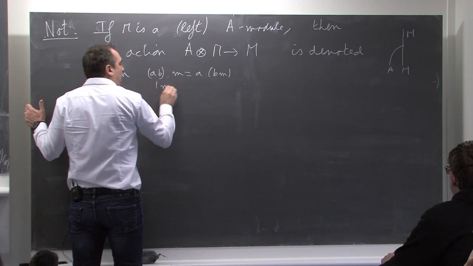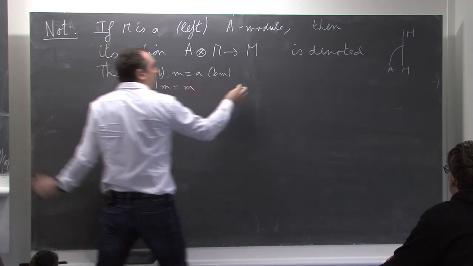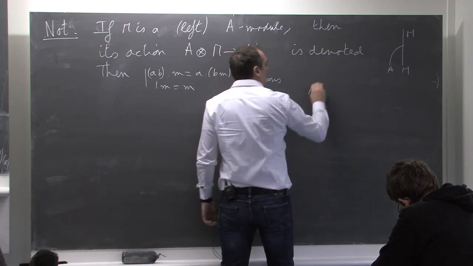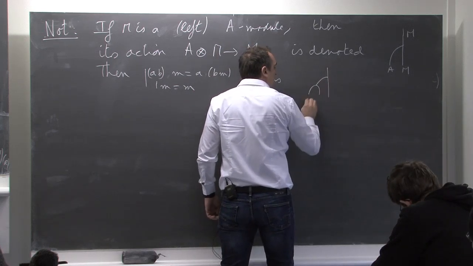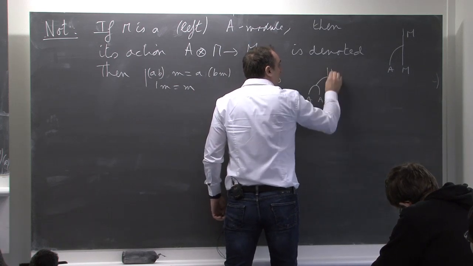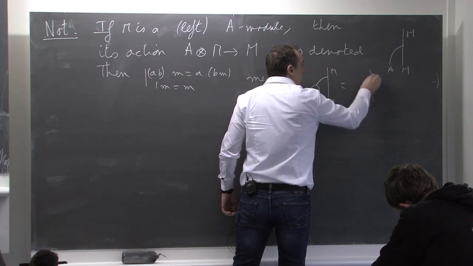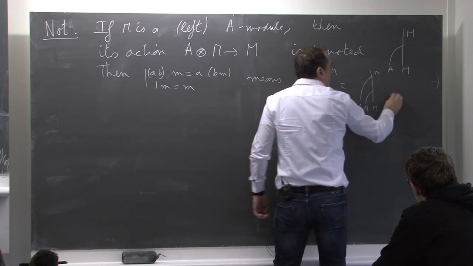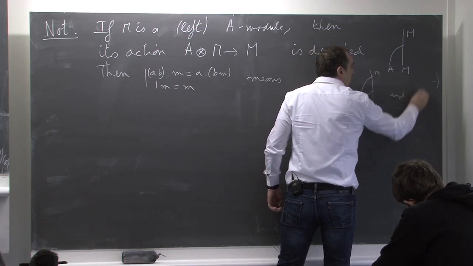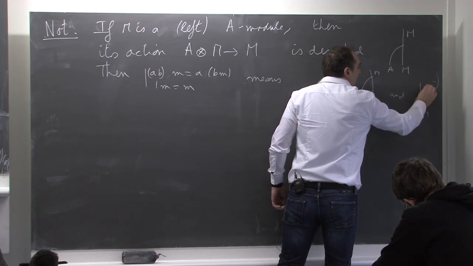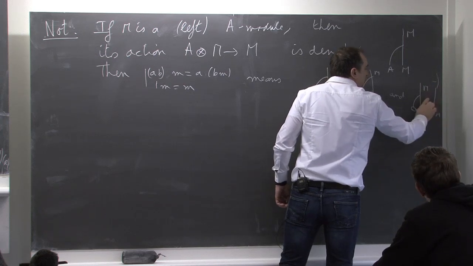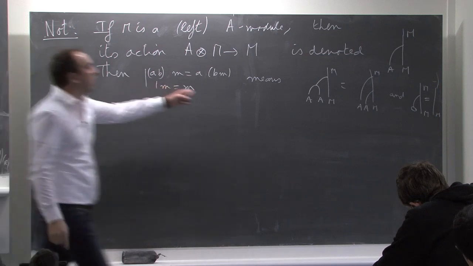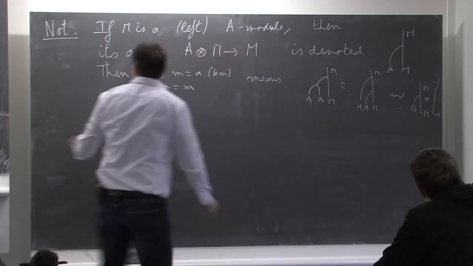And 1m is m, which means the unit acts on M as the identity. I just rewrite the axiom in graphical terms.